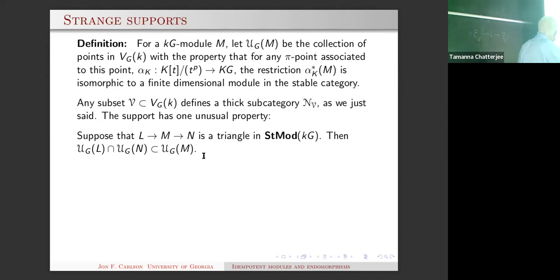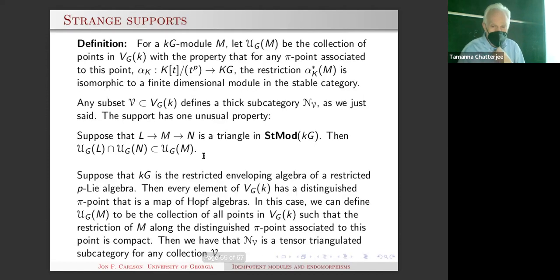This is sort of the opposite of what you get with the regular support variety, which says that V sub G of M is contained in the union of V sub G of L and V sub G of N. So it's the other thing. There is one interesting case, by the way, where you do this. If you go to the restricted enveloping algebra of a restricted Lie algebra, this has a nice property that there's a distinguished set of pi points that are actually maps of Hopf algebras.